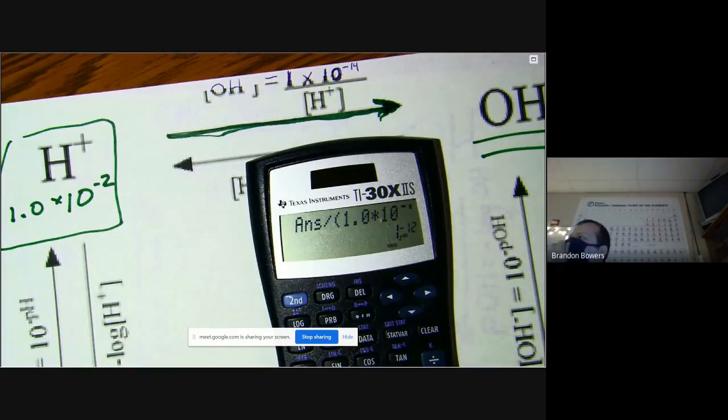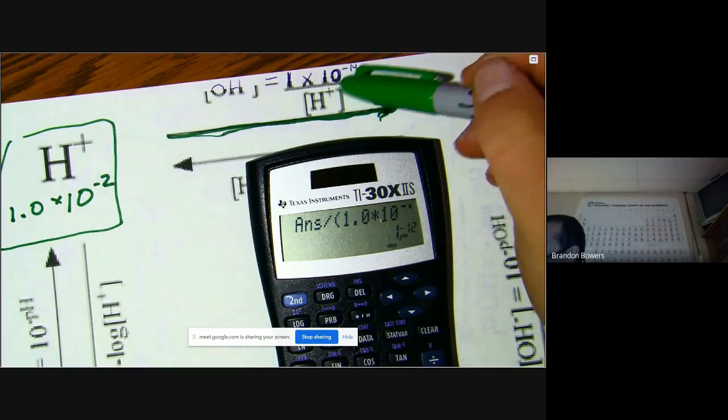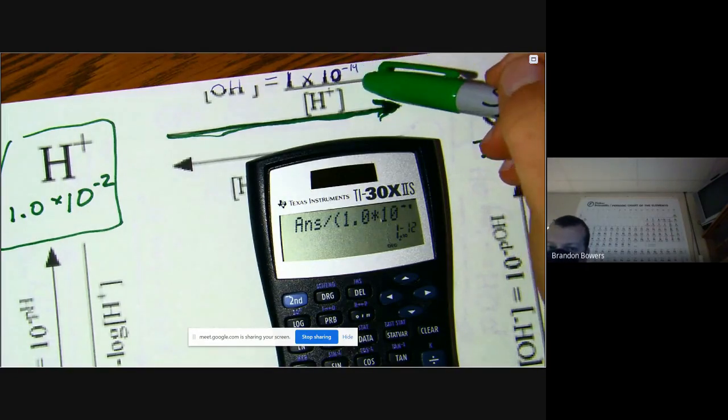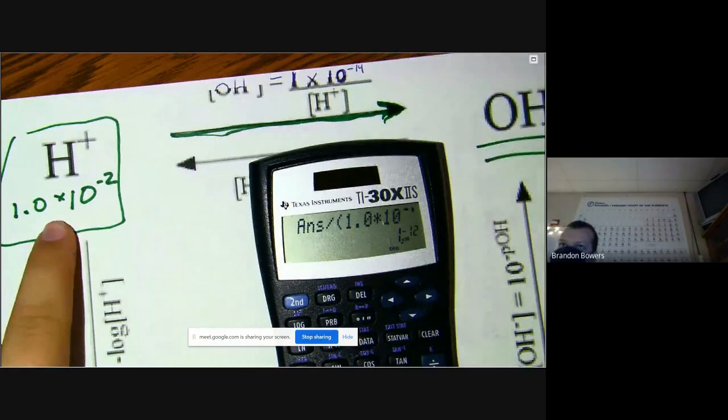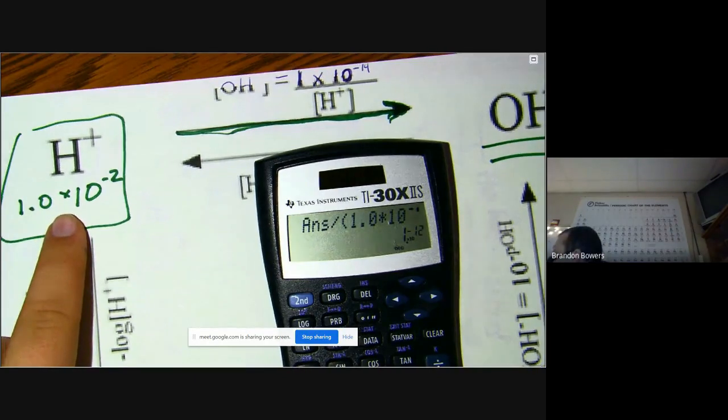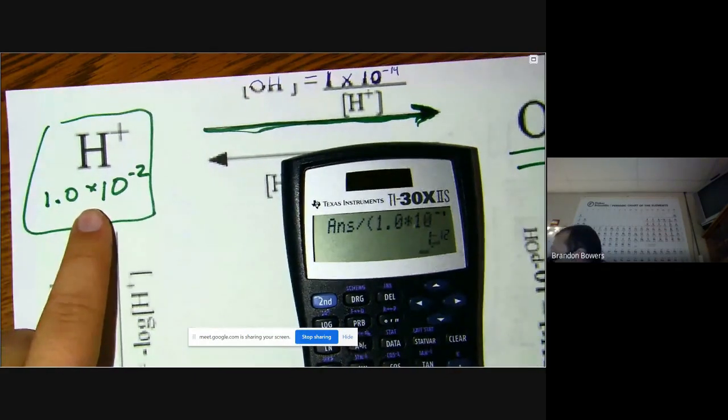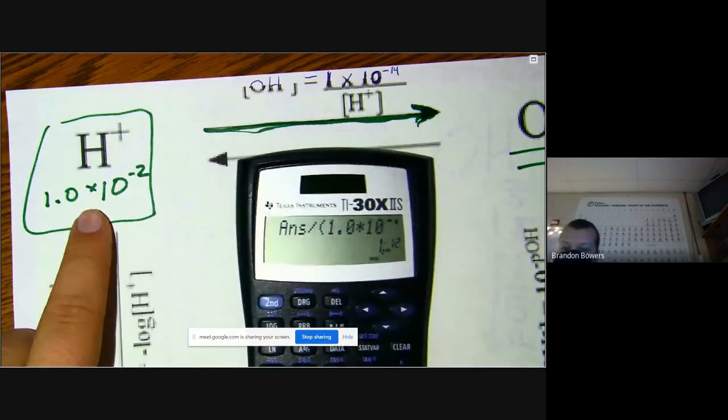I want you guys to try it out so you all are getting the same thing. So what I did was 10 to the negative 14th power divided by what I was given in the problem. I got 1 times 10 to the negative 12.